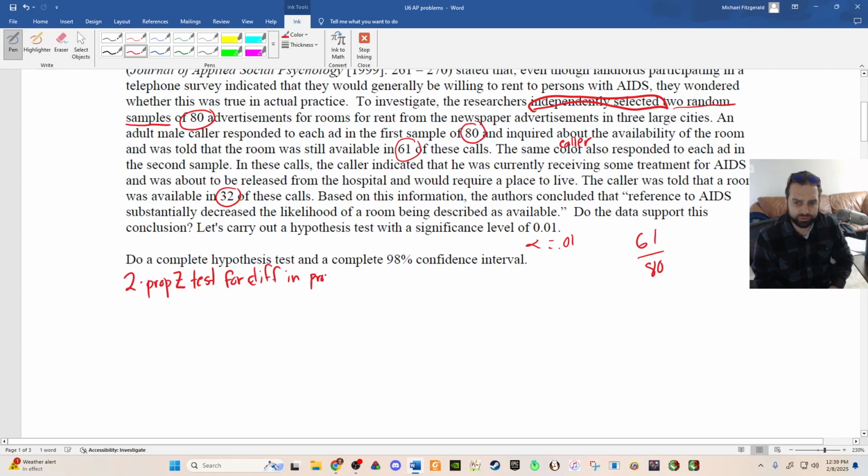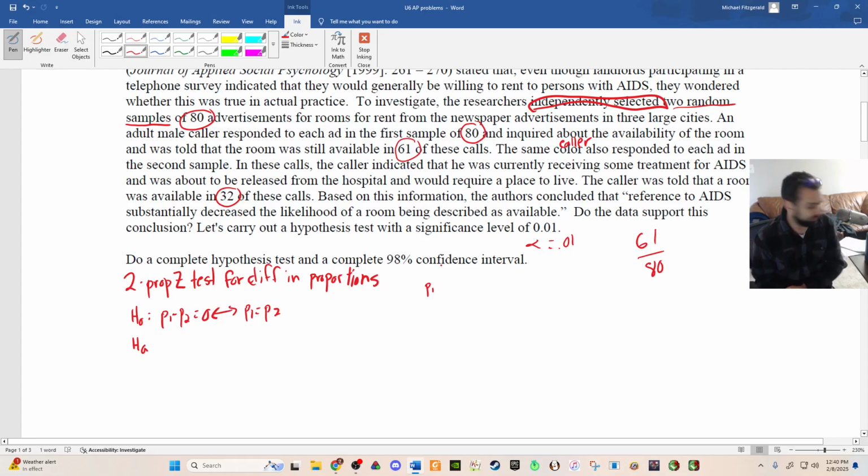Pardon any noise from the pen device that I'm using. Our null is going to be either p1 minus p2 is equal to 0, or p1 is equal to p2. Now, before I write my alternative hypothesis, let's define our proportions.